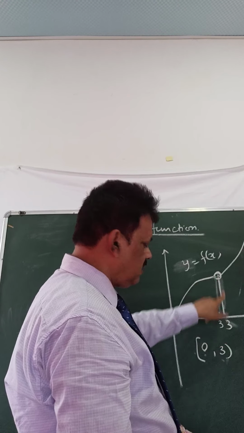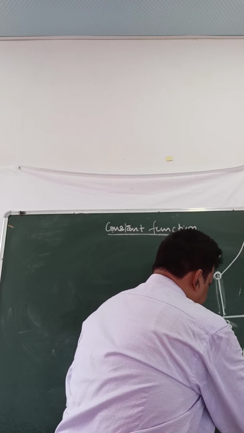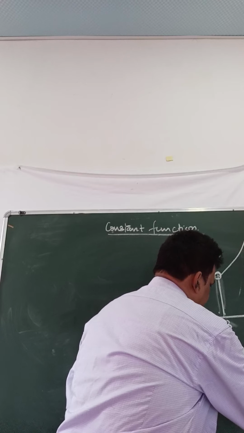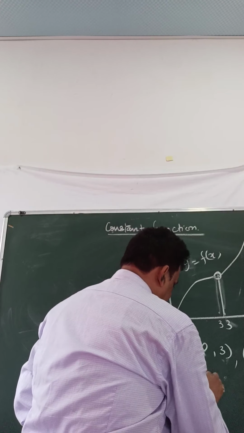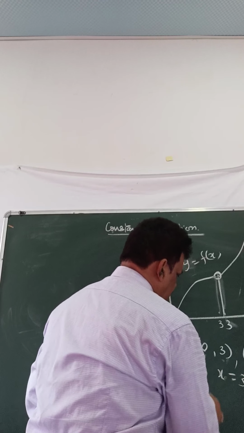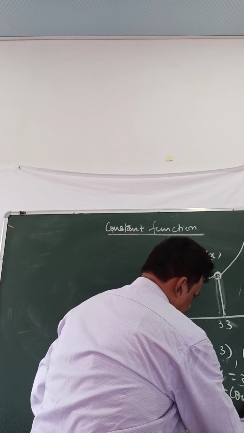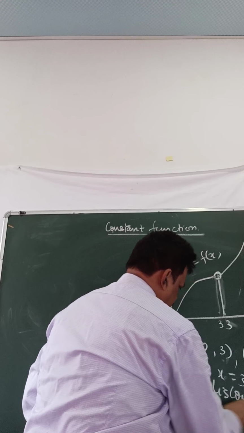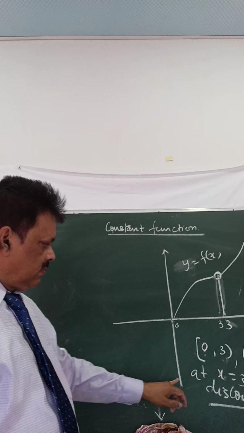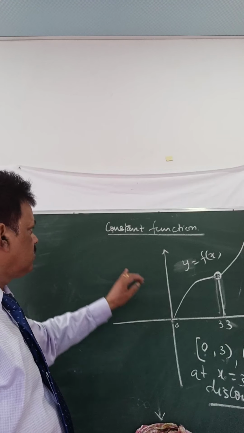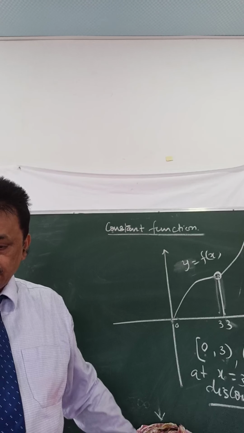At the point 3 this is discontinuous. Similarly, again the open interval 3 to 5 is also continuous. But at x equals 3, discontinuous. So what we'll do is we'll discuss some questions on intervals today.